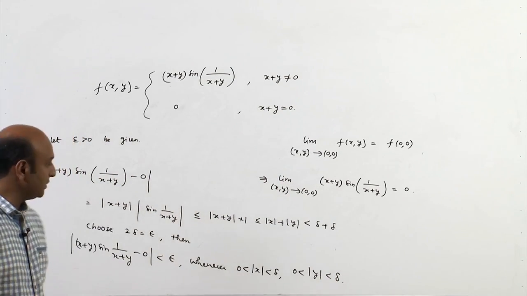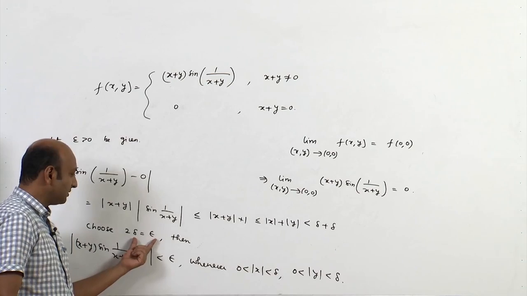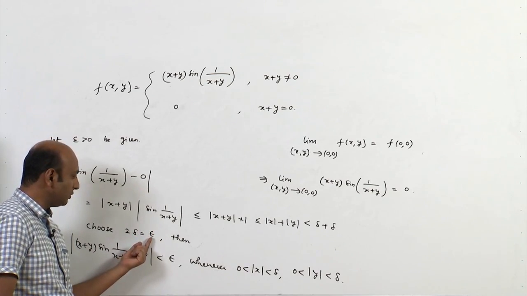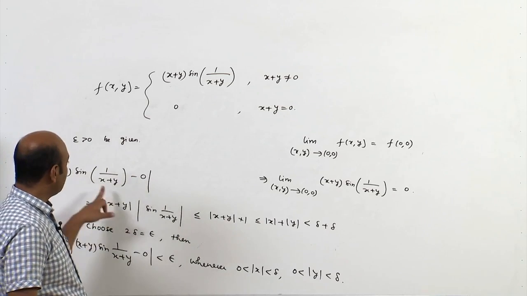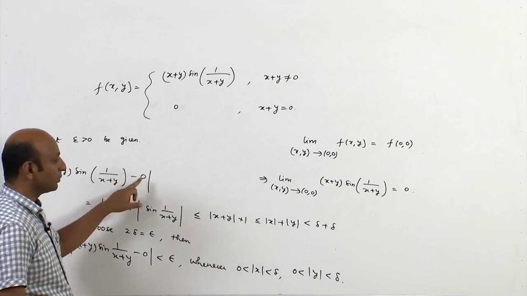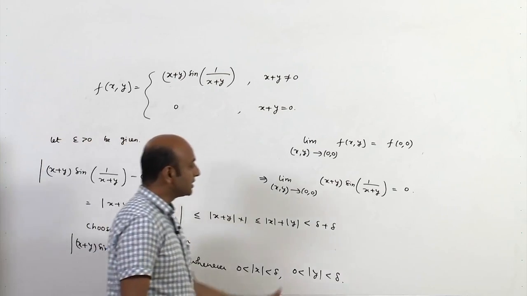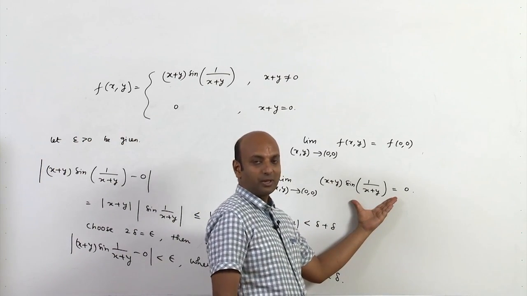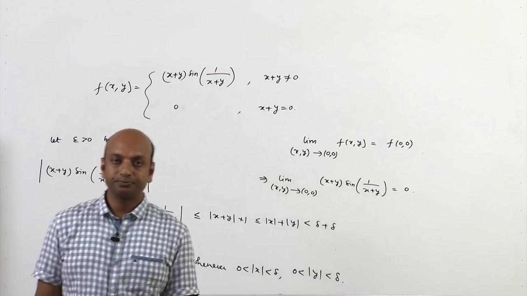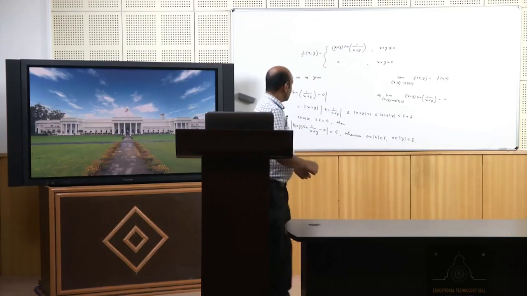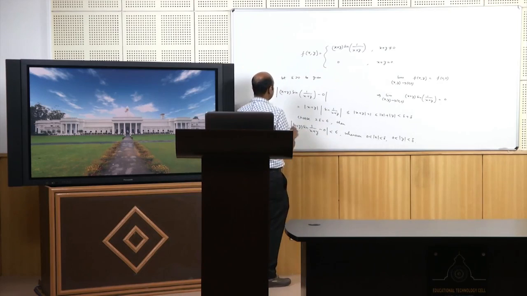So, we have shown the existence of such a delta for every epsilon greater than 0 for which this inequality holds. Hence, we can say that the limit of this function is 0. This means the function is continuous at the origin.